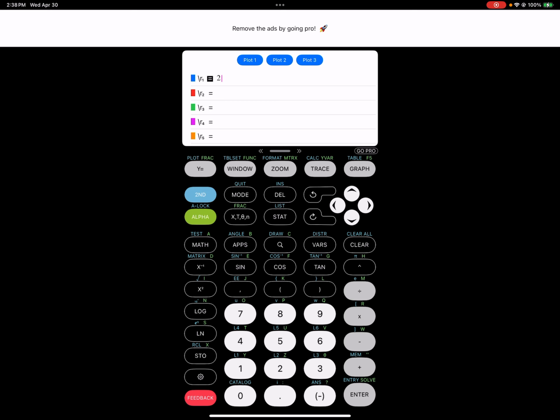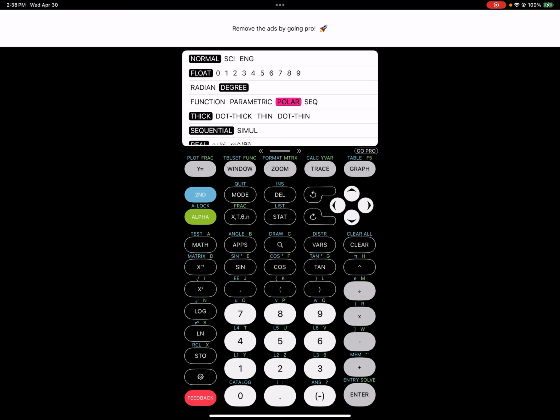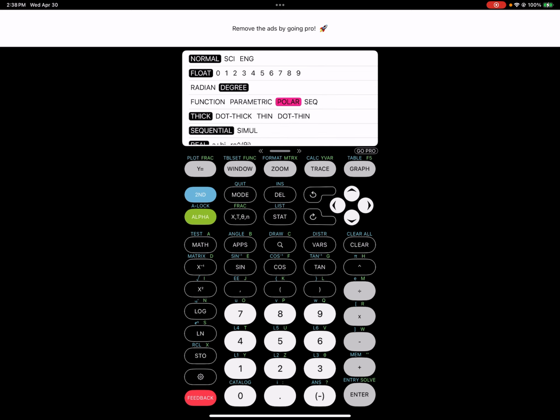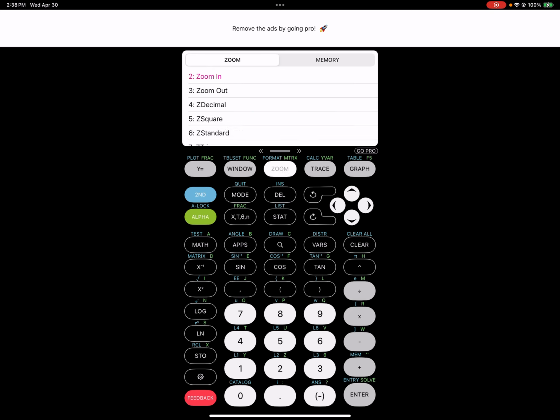When you pick up your calculator for the first time especially, click zoom, and we are going to zoom 7 for trig to make our graph look right. And make sure you're in radians.